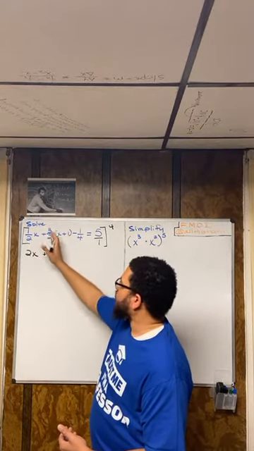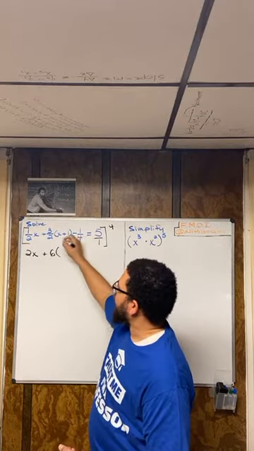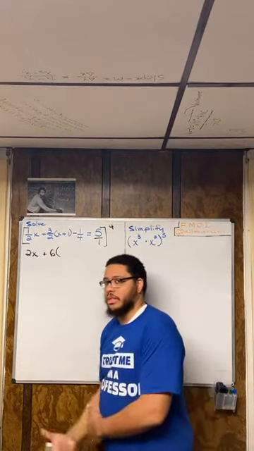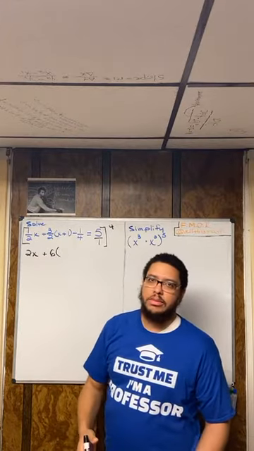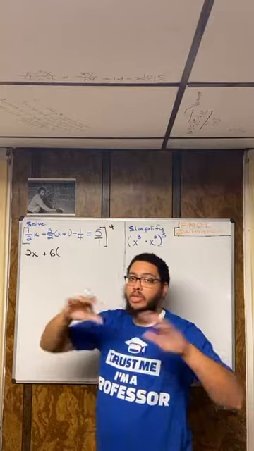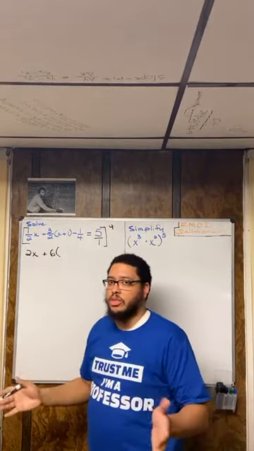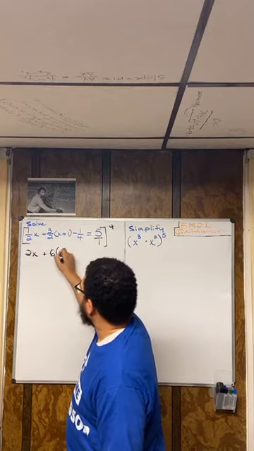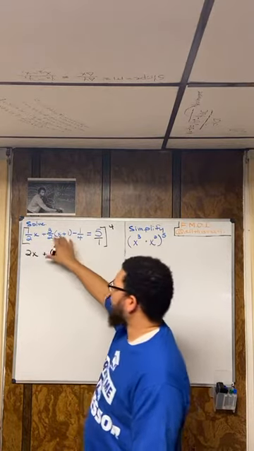If you also do 4 times x and 4 times 1, then x and 1 get multiplied by 4 twice, and you don't want that, because then you're changing the actual equation. It's not the original equation you started with. So now you have 6 times the quantity x plus 1. Just be careful of that whenever you see it.